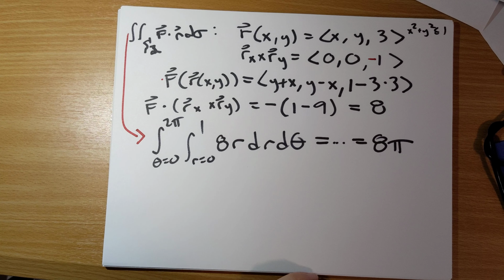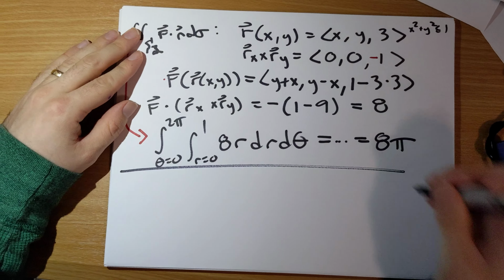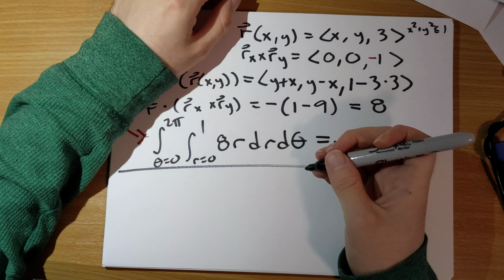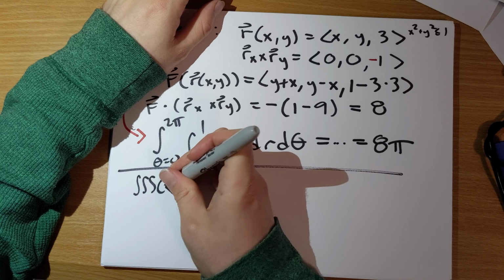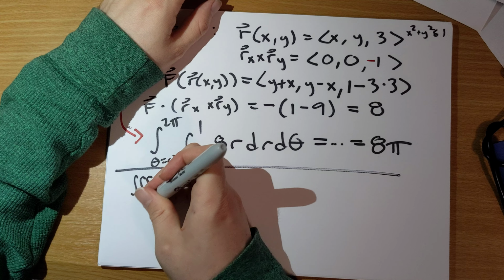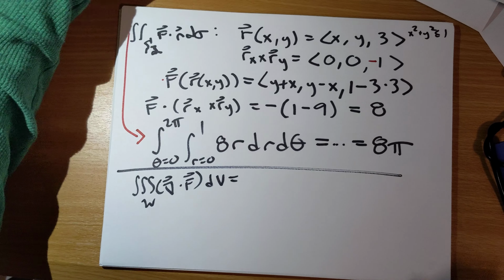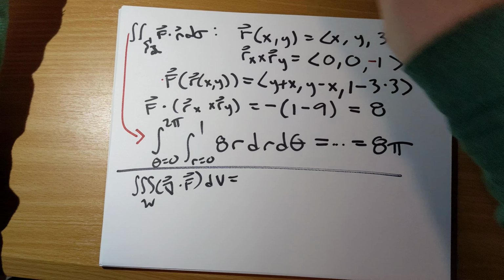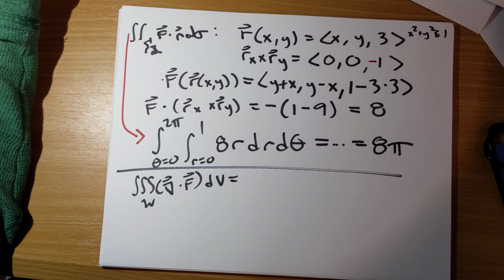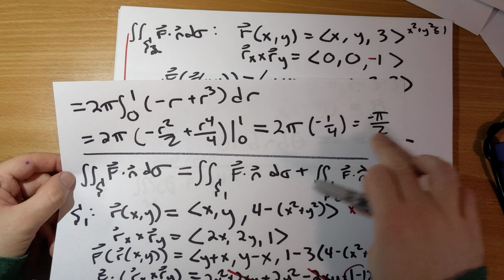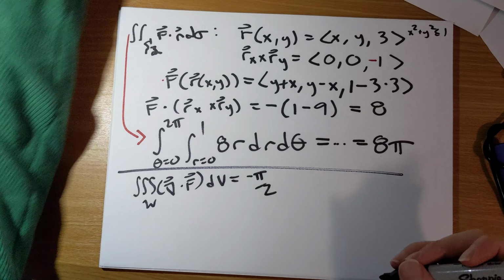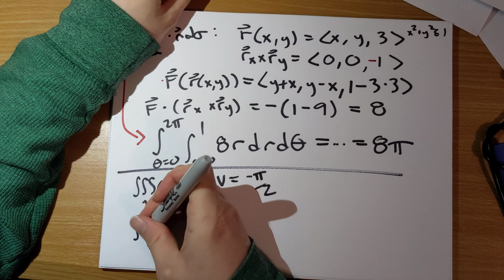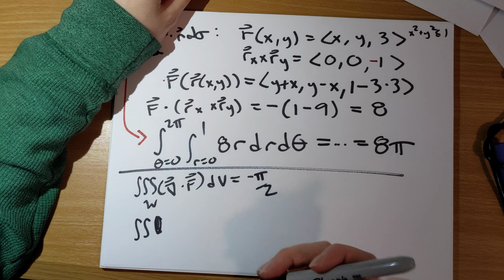And so here is the punchline. So the triple integral of the divergence over W, we got that as negative pi over 2. And then, oops, only double integral here.